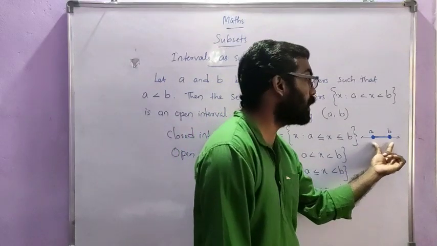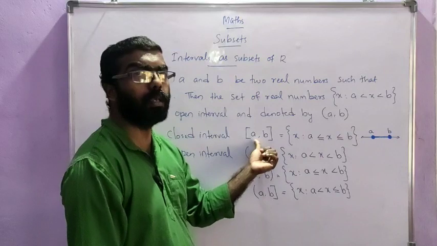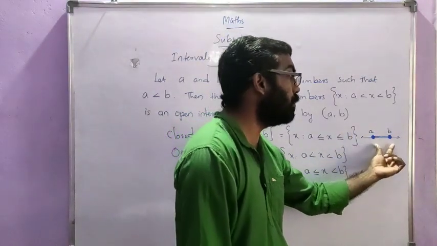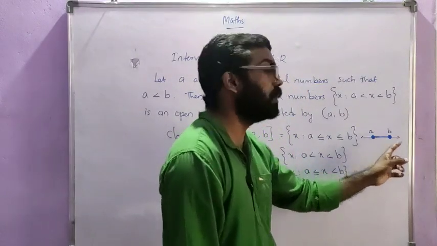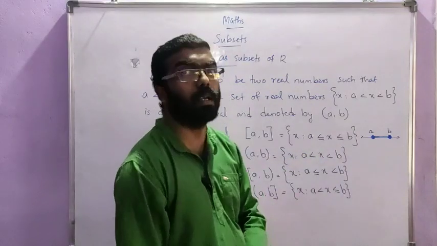So this darkened area denotes closed interval AB. That means the numbers lying between a and b, including the extreme values a and b: a less than or equal to x less than or equal to b.